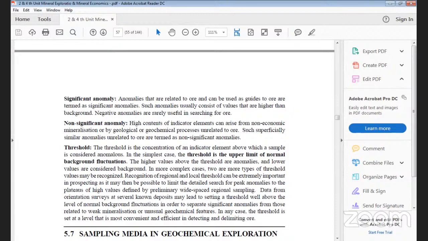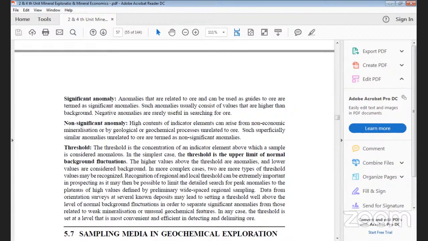Sometimes we do a preliminary investigation in regional sampling. In the preliminary investigation, we collect samples from different locations randomly, covering more area. As per that, we fix certain areas and we recognize certain areas as mineral deposits or ore deposits.